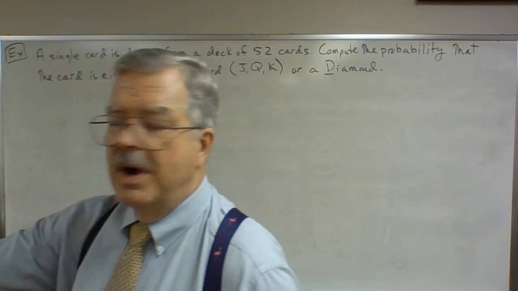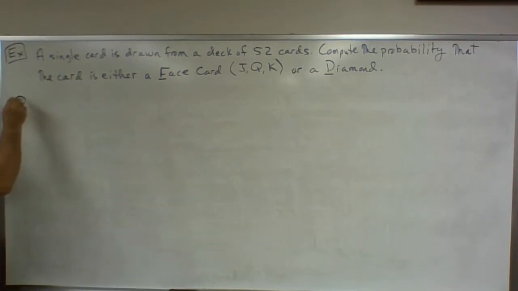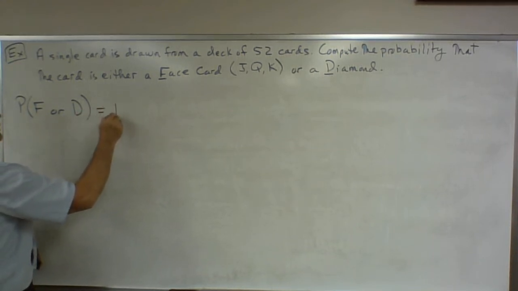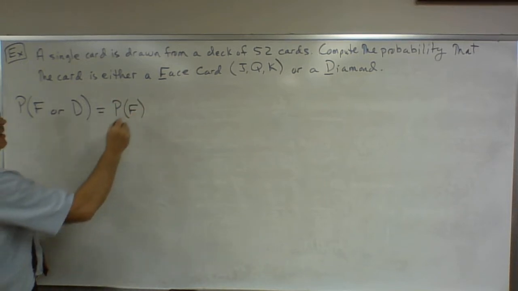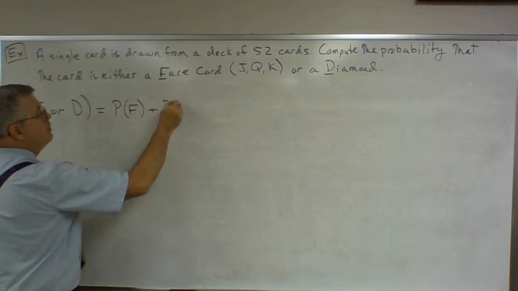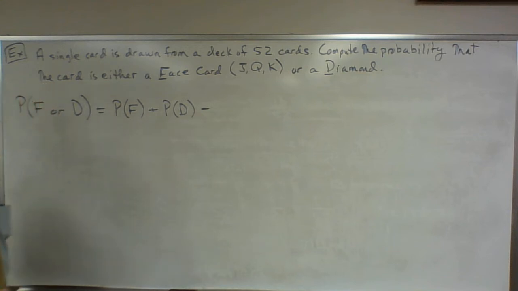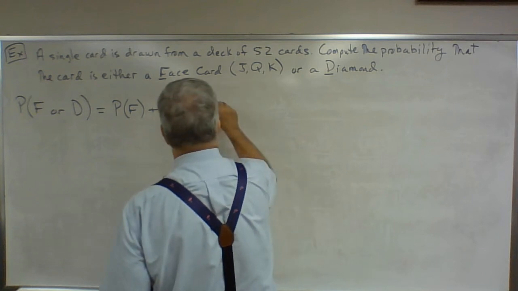So here's what we want. We want the probability of a face card, F, or diamond, D. And that's equal to the probability of getting a face card plus probability of getting a diamond minus the probability that we get both.